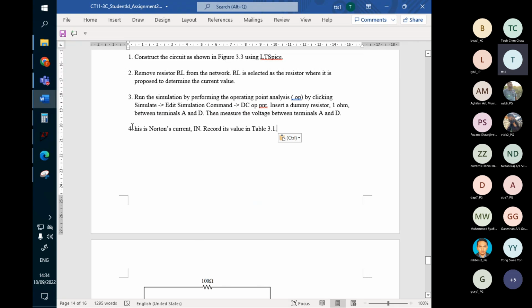Can you do that? Copy this statement, but we have to insert something in front here. Take Norton current to compute Norton current.